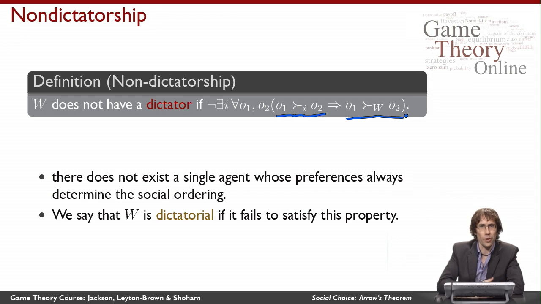So in other words, a dictator is somebody who simply determines the social welfare function. A social welfare function that has a dictator is a function that listens only to one of its inputs, ignores the preferences of everybody else, and simply spits out the one preference ordering that comes from the one dictatorial agent.